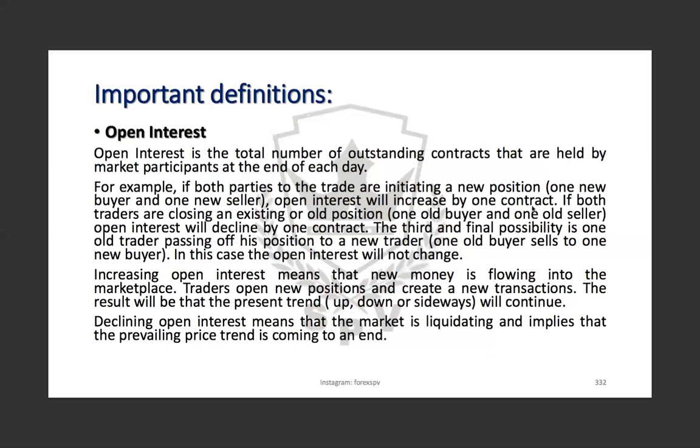If you see the open interest is increasing and the trend is still going up, then the current trend will simply continue because new orders are flowing in. A decline in open interest means that the market is liquidating, people are closing their orders, and this simply means the prevailing price trend is coming to an end.